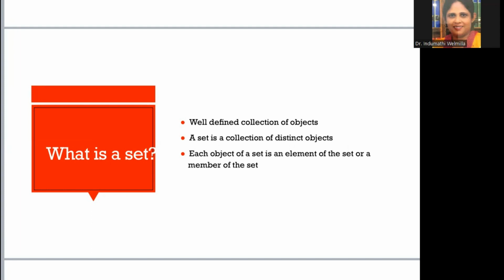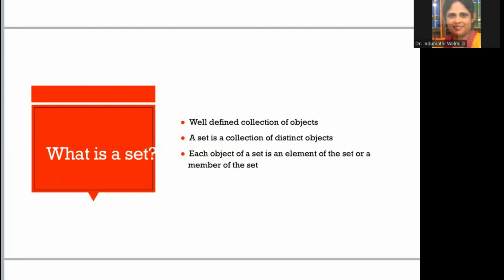Very simply, we can say a set is a collection of objects from a group. A set can have any group of items, be it a collection of numbers, days of the week, types of vehicles, and so on. Every item in the set is called an element of the set, and curly brackets are used while writing a set.